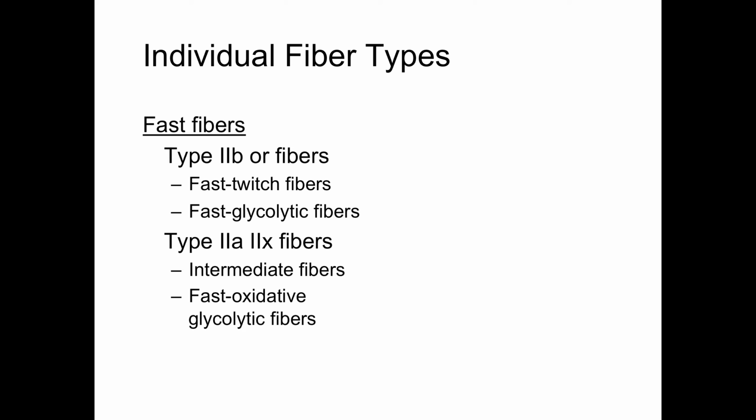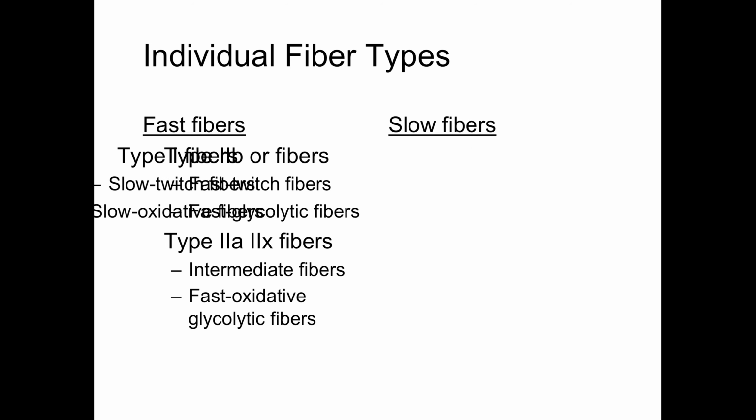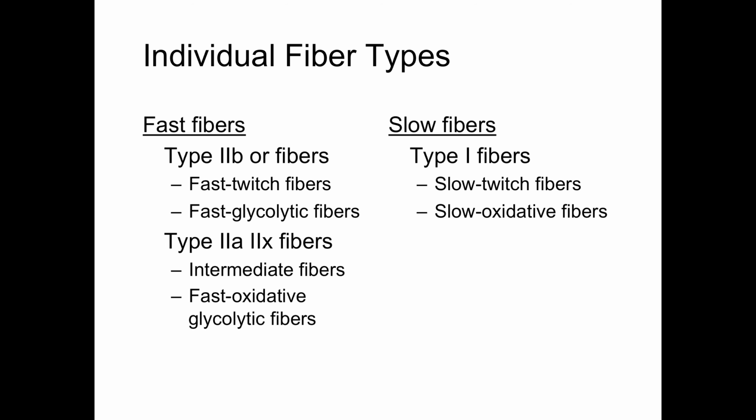They're classified now as type 2X, and they do both oxidative metabolism and glycolytic metabolism, so they're intermediate fibers. On the other end of this spectrum are type 1 fibers that are slow twitch and do predominantly oxidative energy system metabolism. And be able to describe these fibers as well, like mitochondrial content, the velocity of shortening, and the efficiency. We made a table earlier describing these different fiber types.